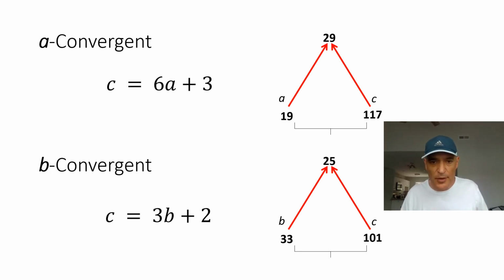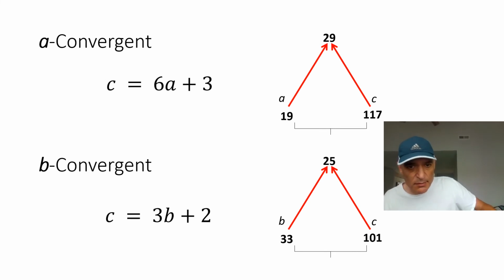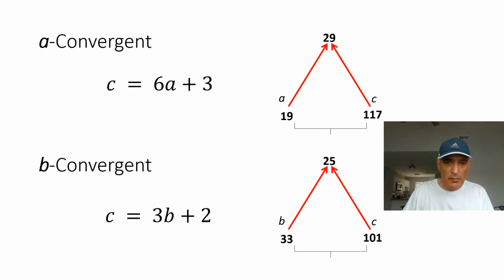It's every case. 6A plus 3. For B convergence, it's 3B plus 2. So, for example, 33 times 3 plus 2 is 101. But it's not exclusively true for those numbers, it's true for every B convergence. So those are the two fixed ratios which you will see through the number line for infinity for convergence in Collatz sequences.